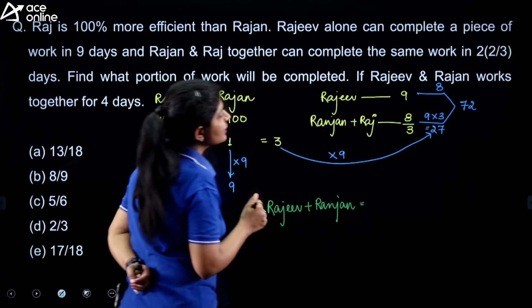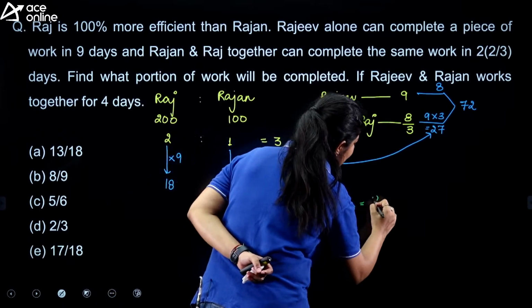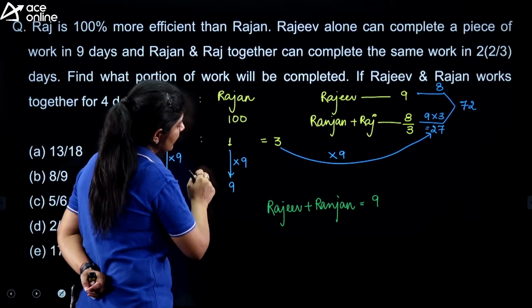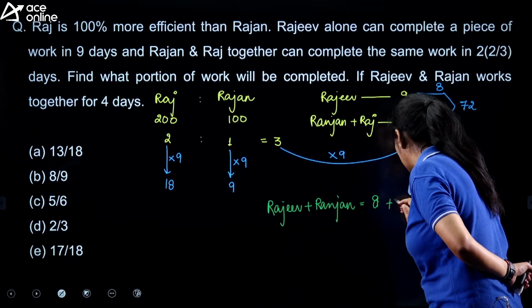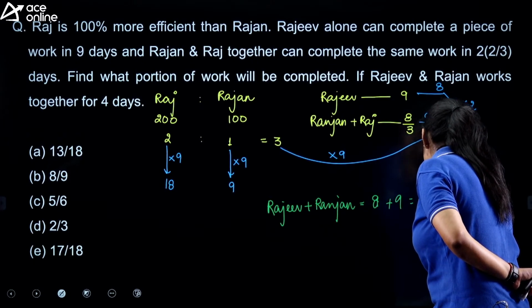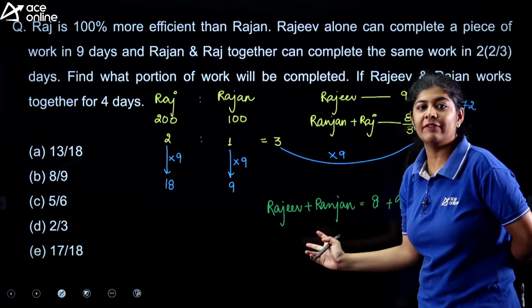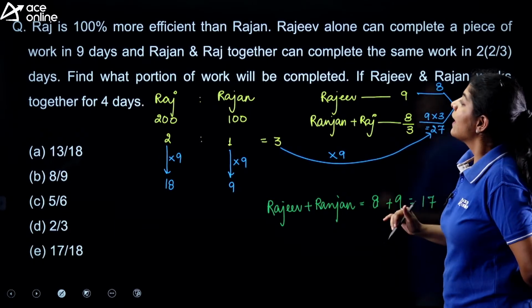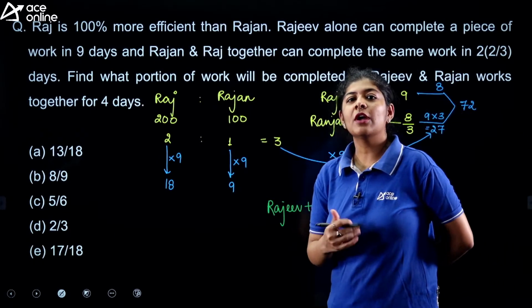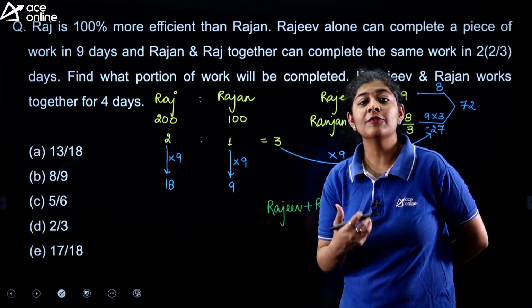The efficiency of Rajiv is nothing but 9, and the efficiency of Ranjan is 8. So the total efficiency that they both have together is equal to 17, right? Now we need to find out how much work they will complete in 4 days.